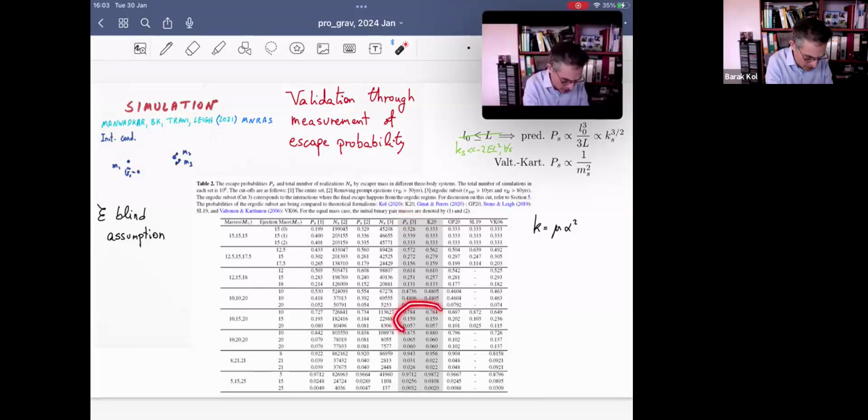Here, look at these three numbers. They are really close at the 1% level. So this is a leap in accuracy, and the flux-based statistical theory of the three-body problem is the most precise statistical theory of the three-body problem to date.